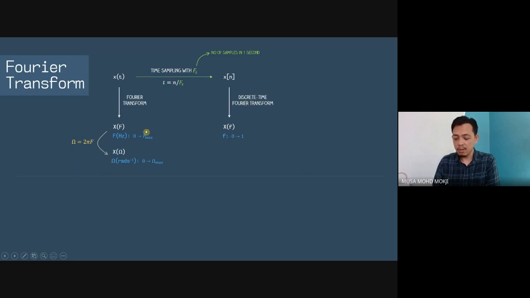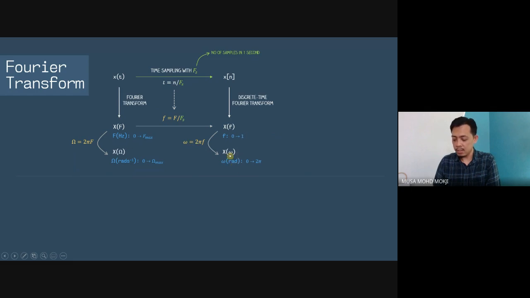And what we will get is not X of capital F. What we will get is X of small f. And that small f is what we call the frequency ratio or normalized frequency. And what is the relationship? This small f equals f over Fs, the sampling frequency. And again, we have an angular frequency for this small f, so we use a small omega, which is 2 pi f.